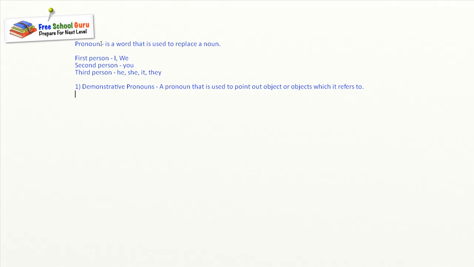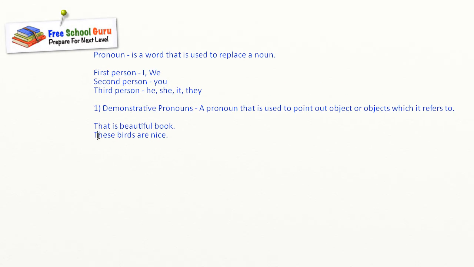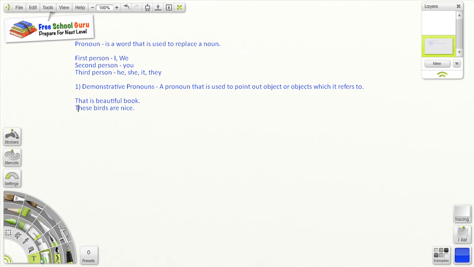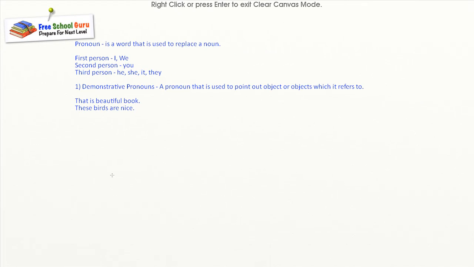Let's try to understand with some more examples. That is a beautiful book. Another example. These birds are nice. Let's pick the demonstrative pronouns from these examples.